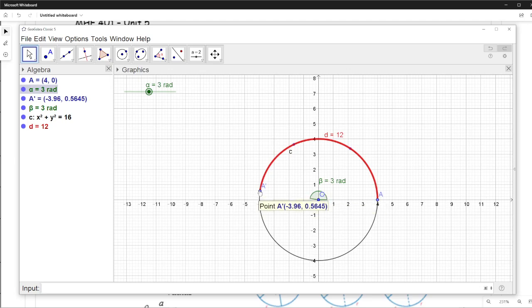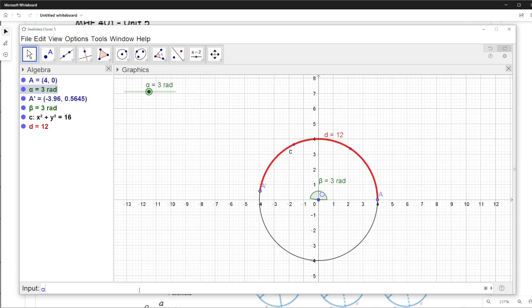You won't make it, right? Because we know that the circumference of a circle is 2 times pi times radius, which means 2 pi is like 6.28, right? So we would need 2 pi radius to go all the way around. So it makes sense that at 3 rad, I haven't quite made it.